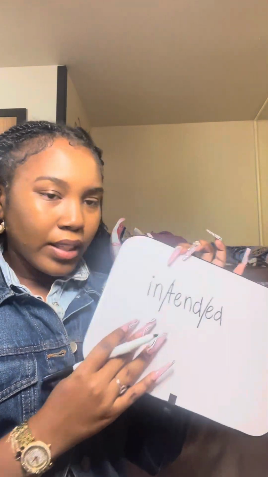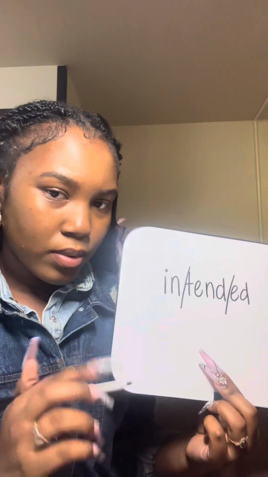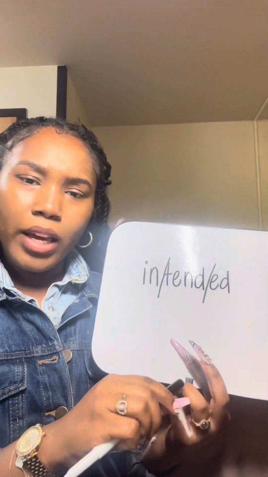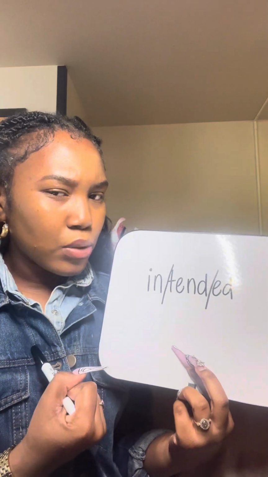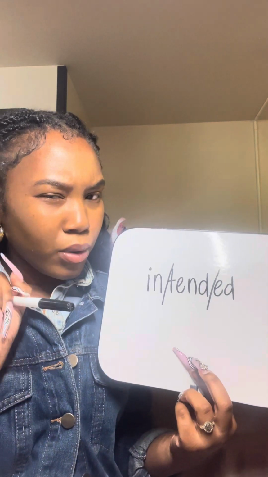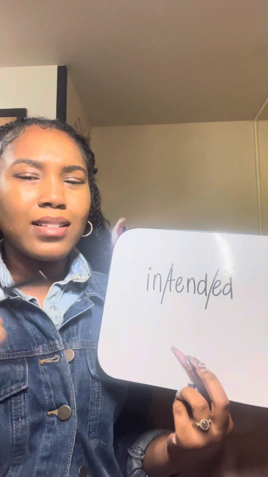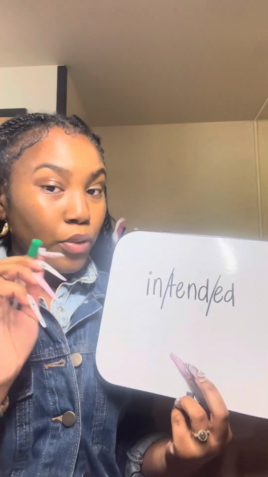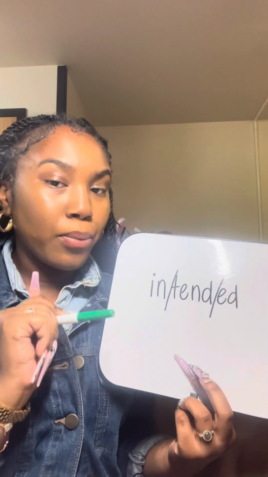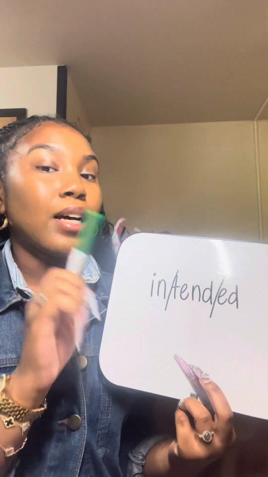So when we break this word by syllables, let's look and see, okay, what is the prefix of this word? What is the root of this word? And what is the suffix of this word? So remember, the prefix comes before the root and the suffix comes at the end.